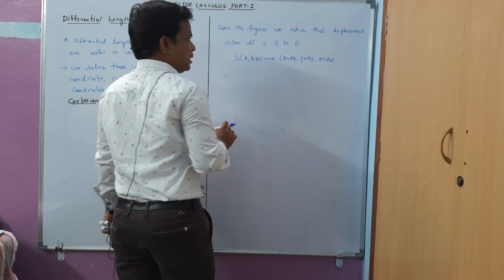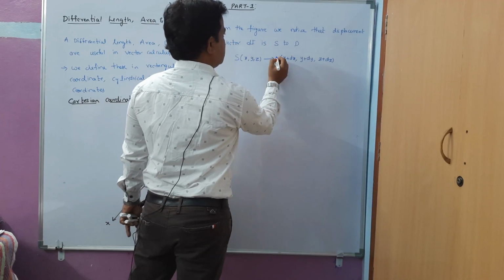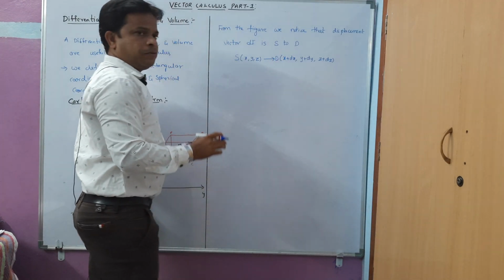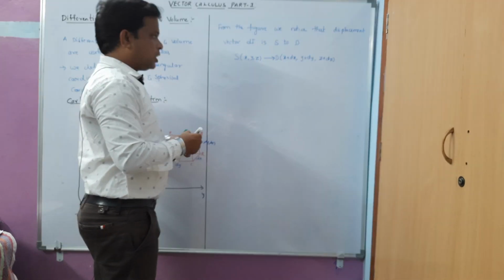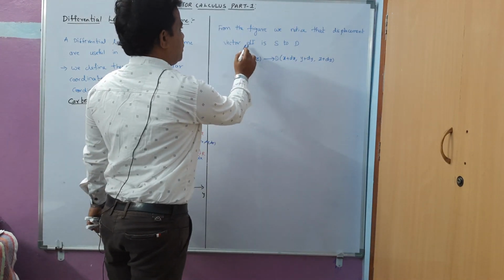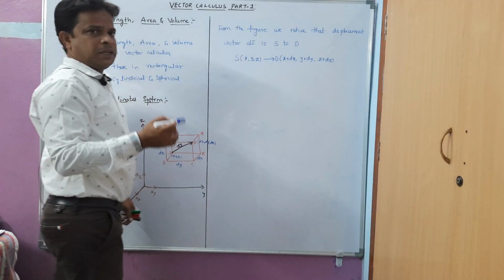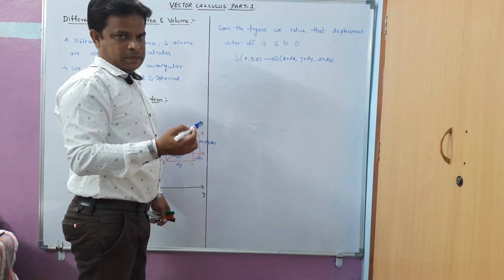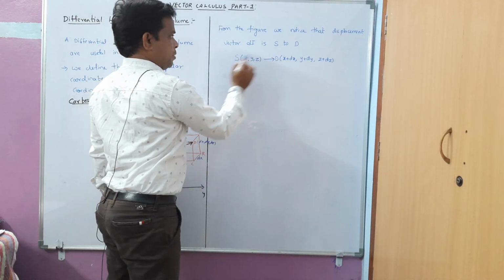Now we have to calculate the distance vector from this point to this point, the D point. To calculate the differential displacement between the points S and D, we take the difference, final point minus initial point.